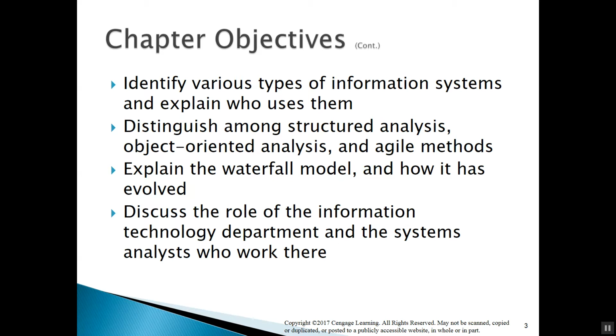You should be able to distinguish among structured analysis, object-oriented analysis, and agile methods. Explain the waterfall model and how it has evolved, and discuss the role of the information technology department and the systems analysts who work there. So let's kick this into gear.